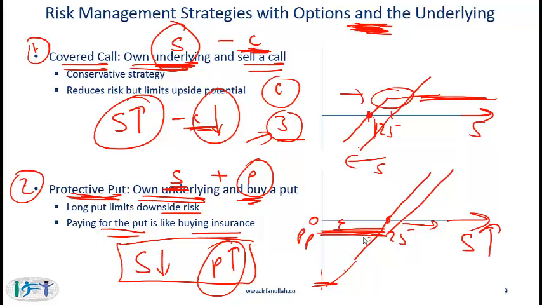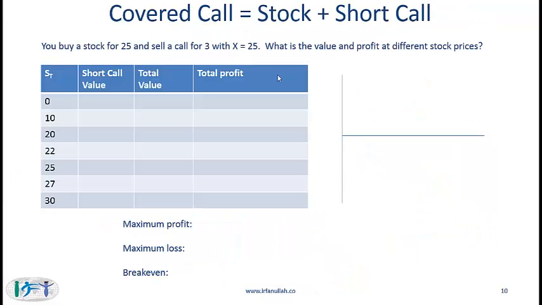Now, after talking about the covered call, we will look at numbers associated with the protective put. So let's do the covered call first, and the best way to do this is through examples. Again, the covered call is a stock and a short call. Let's say you buy a stock for 25 and sell a call for 3.